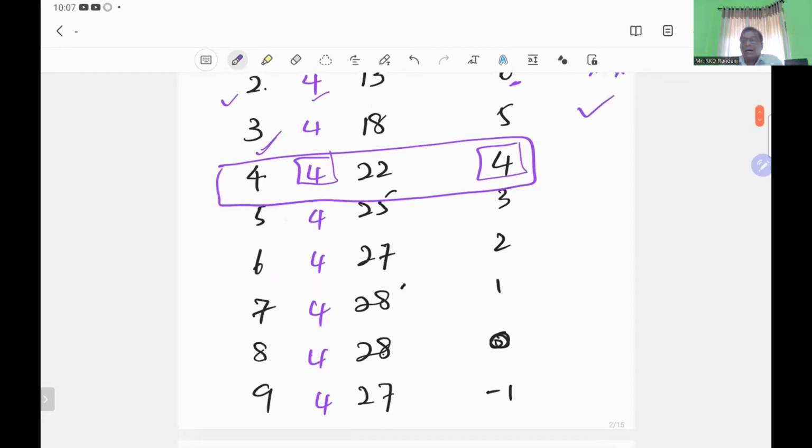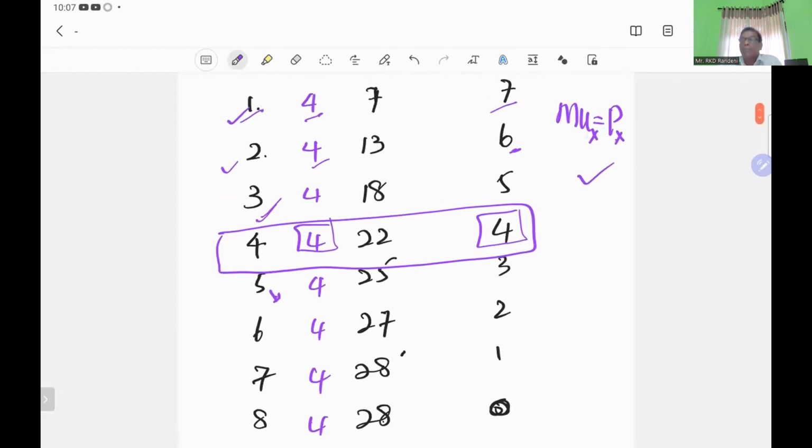Now assume that the consumer is going to consume or purchase or buy the fifth one, price is 4. He can gain 3 MU, that is marginal utility of X is 3. Always he is comparing the price and the marginal utility.